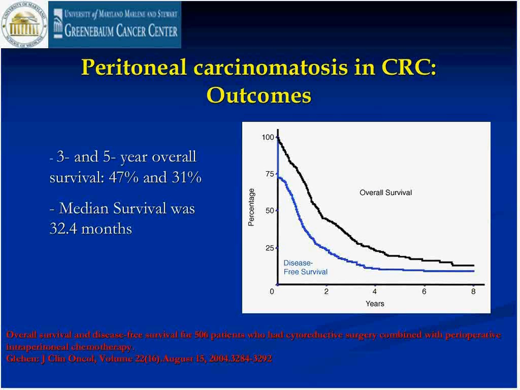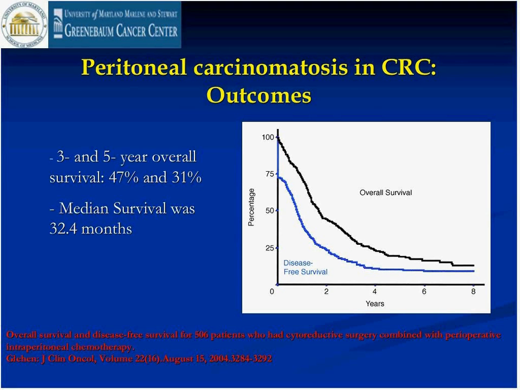Now, if you look at peritoneal carcinomatosis and colorectal cancer outcomes, overall survival and disease-free survival, you'll find that in this single study of 506 patients who had cytoreductive surgery combined with intraperitoneal chemotherapy, overall survival at 3 years was approximately 47%, and at 5 years was 31%. This is a significant improvement in the survival of these patients. Median survival was 32.4 months.